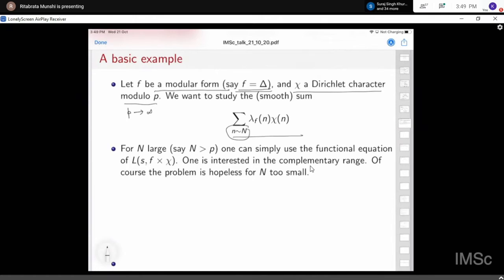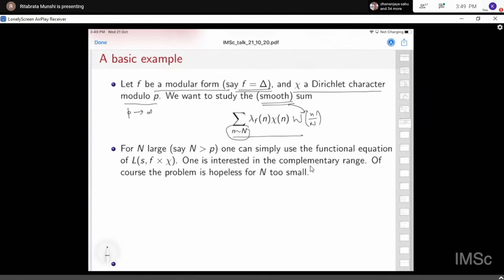Okay. And so if you're wondering what is the relation between capital N and P, here is the observation. I'm going to look at smooth sums. Okay, it's not a sharp cut. So the weight function over here is not really the issue. We should put a smooth weight over here like this, which I'm ignoring.